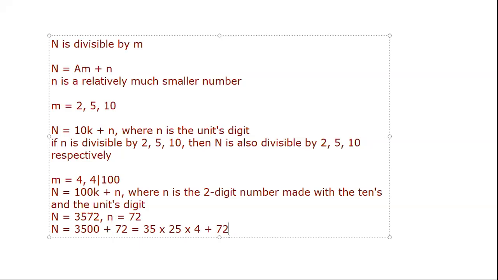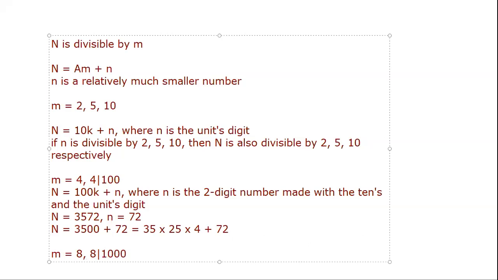If we have m equal to 8, then 8 divides 1000, and so we would like to split it as 1000k plus n. So n will have the hundreds, tens, and units digits.